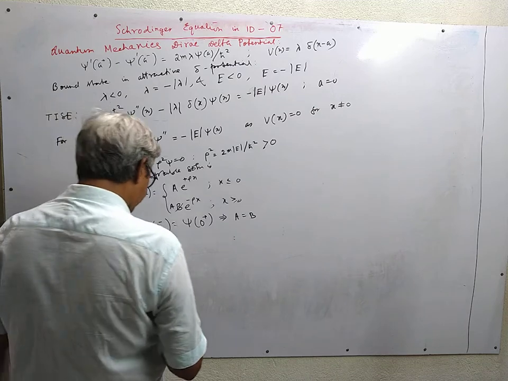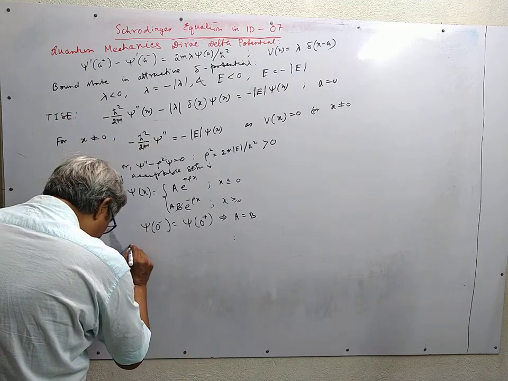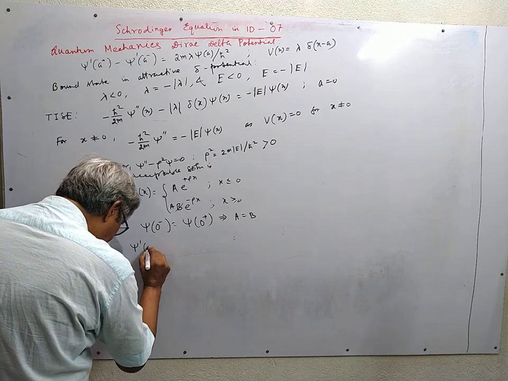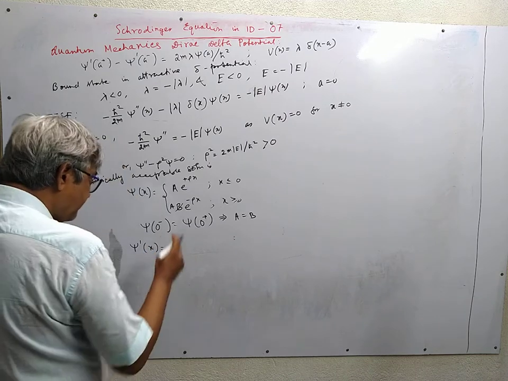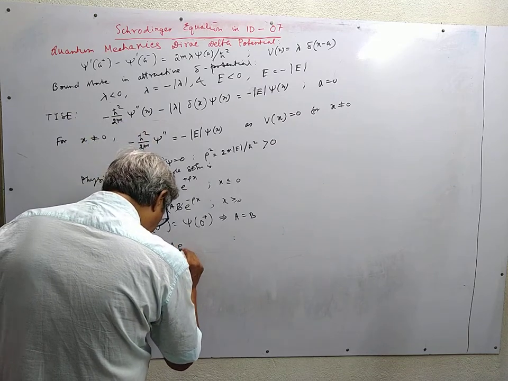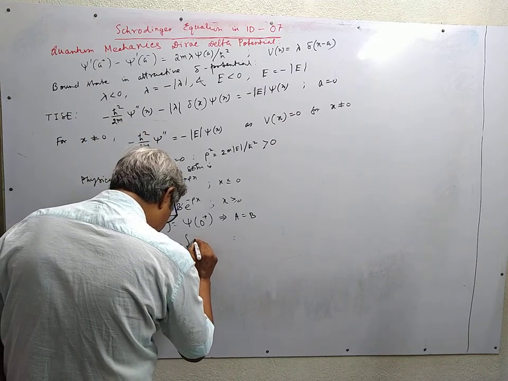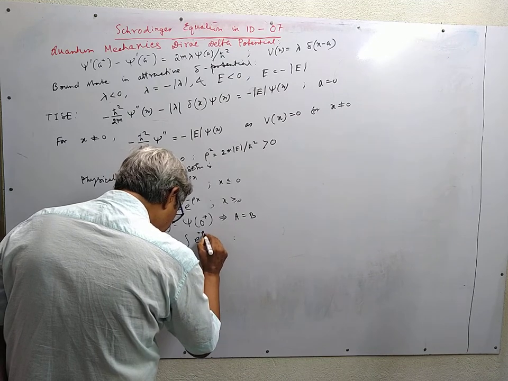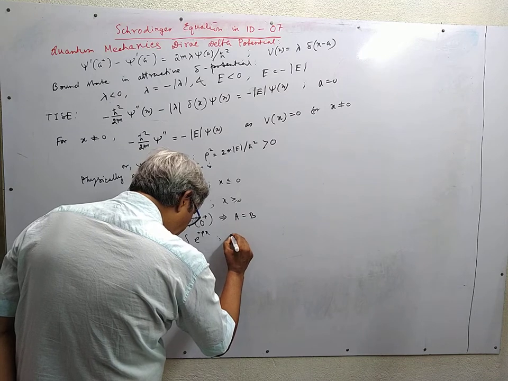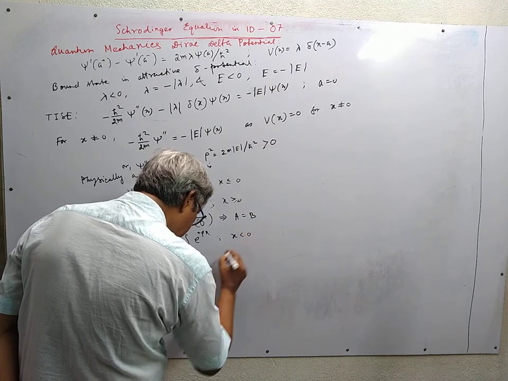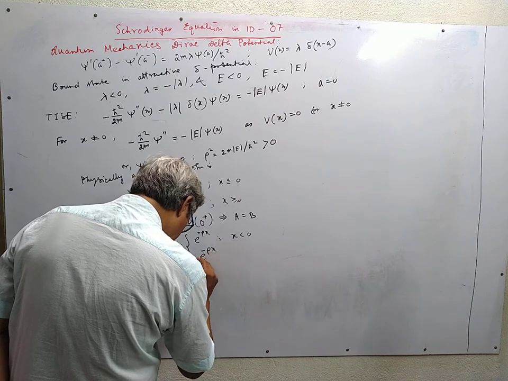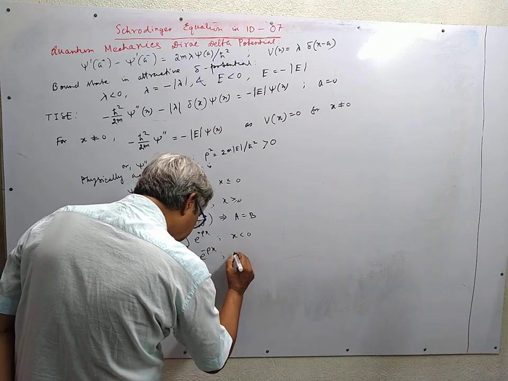And coming to the first derivative, e to the power minus rho x will come out, with a minus sign.